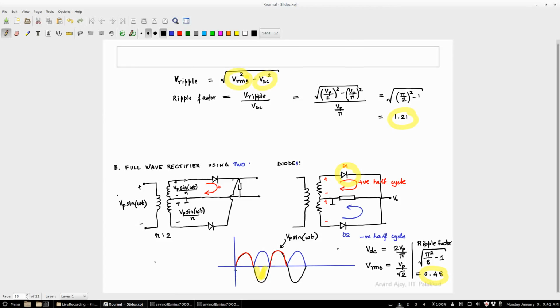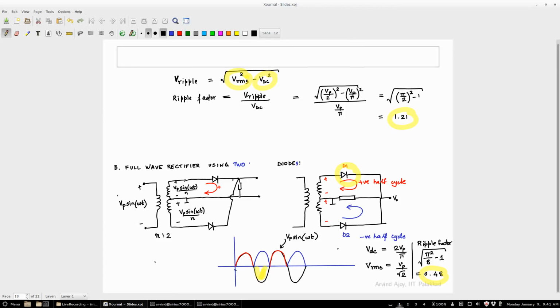That's one specification. Another specification is the cut-in voltage. But most diodes are around 0.7, 0.6, so not really that important. Then you need the diode to be off.